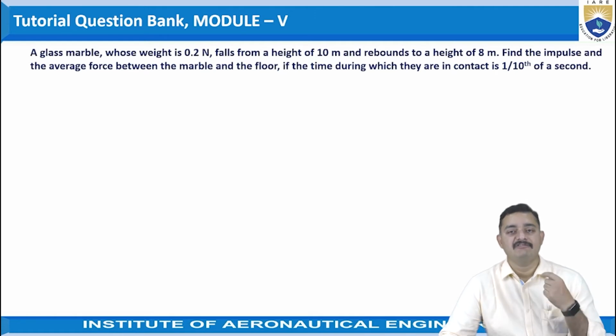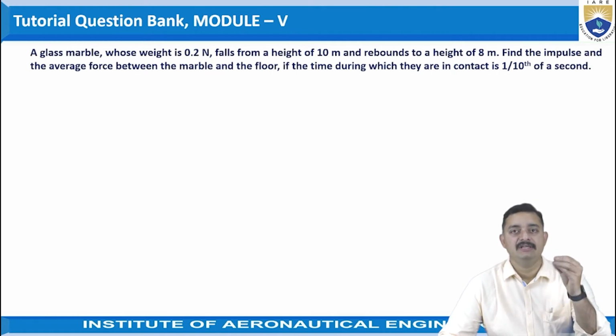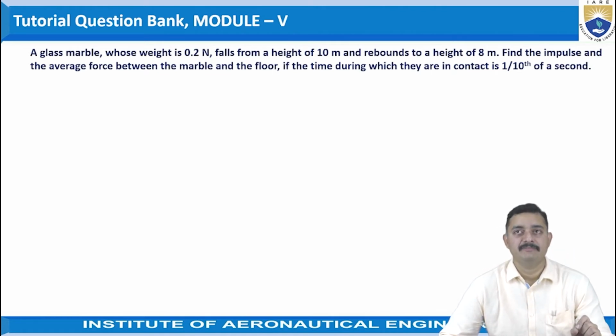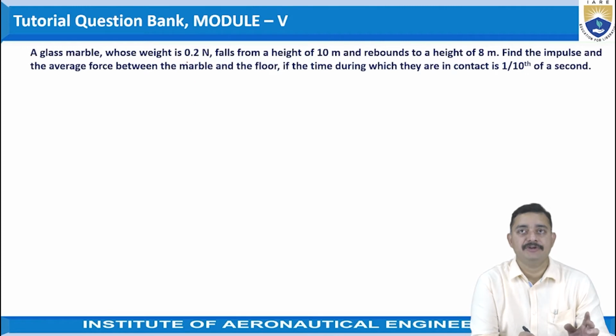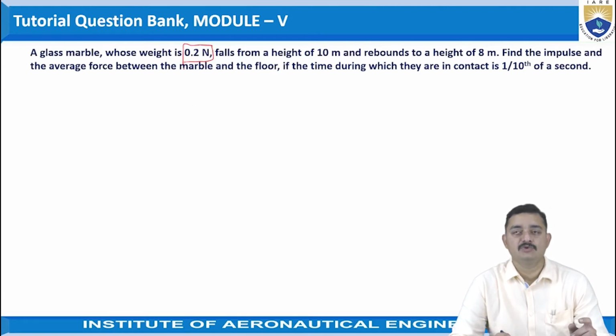That means we have taken this marble to a height of 10 meters and we have left it. When we leave the marble from the height of 10 meters, it falls, and the weight of the marble is given as 0.2 newtons. So the distance the marble travels is 10 meters.